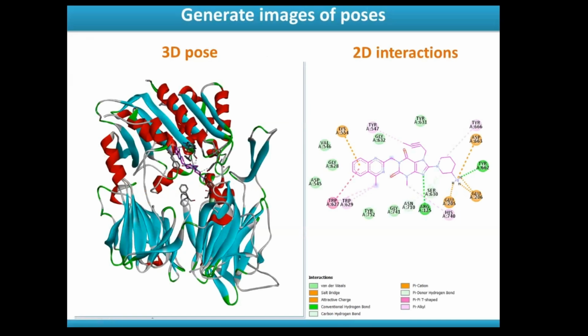Finally, after this exercise, you should be able to generate these types of images. The first one is the 3D pose, that is how this pink colored ligand is binding at the protein binding site, that is here.